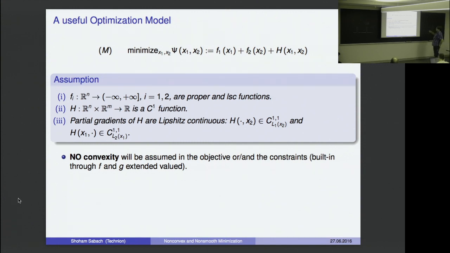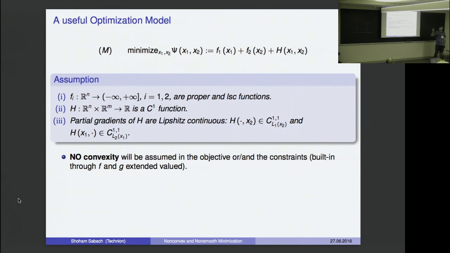So as you can see, in the model, non-convexity is assumed neither in the coupling function nor in the separable function. And it's also very important to stress that I present here only two blocks of variables. This is just for the simplicity of the presentation.